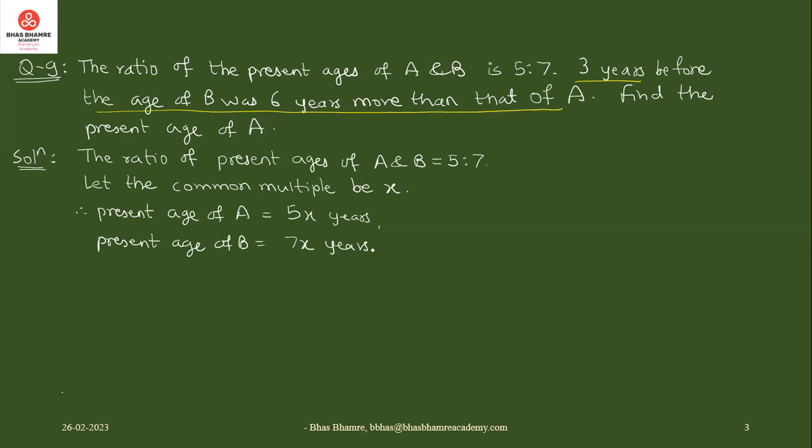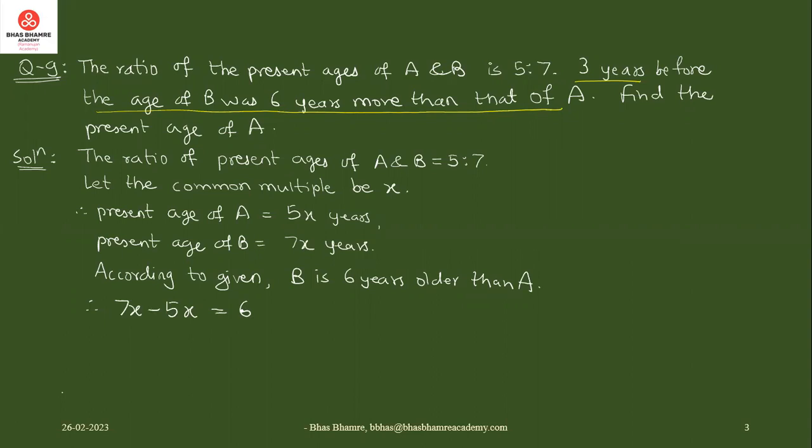Okay. Years both. So we can say that according to the given, B is 6 years older than A. Therefore, 7x minus 5x is equal to 6.